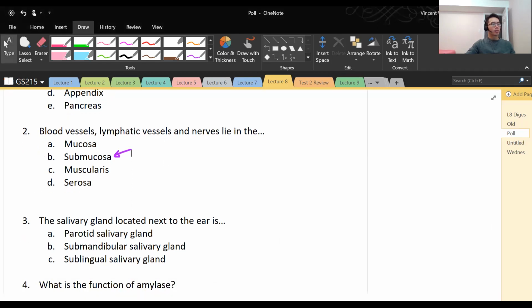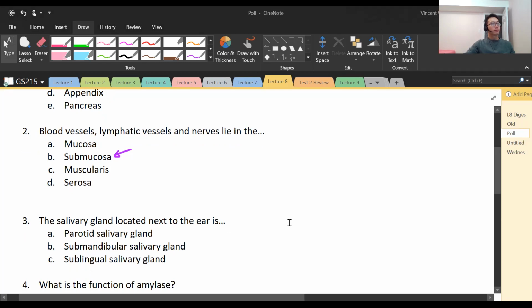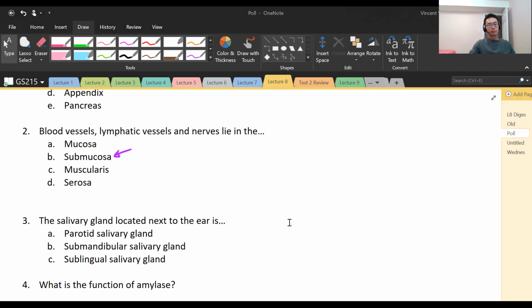This one we haven't covered, I mean, we mentioned the salivary glands, but let's see if you are able to do this. Okay. All of you got it right.